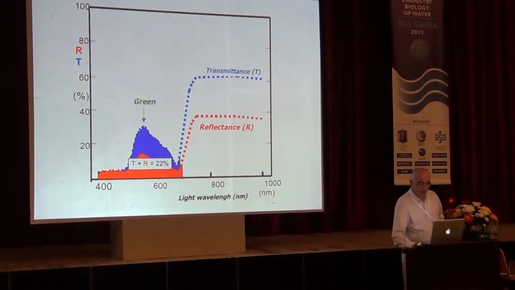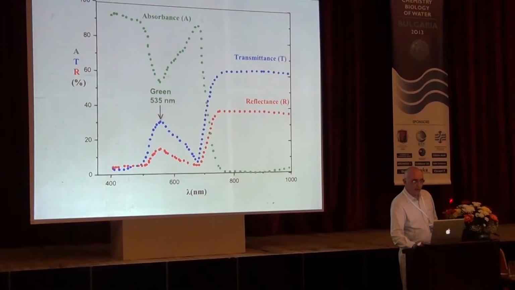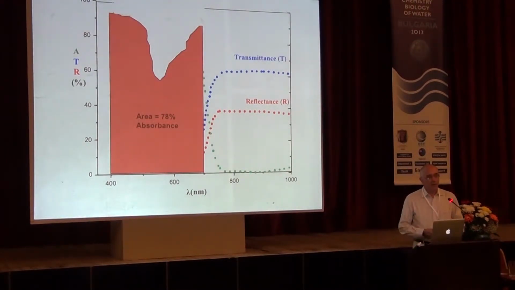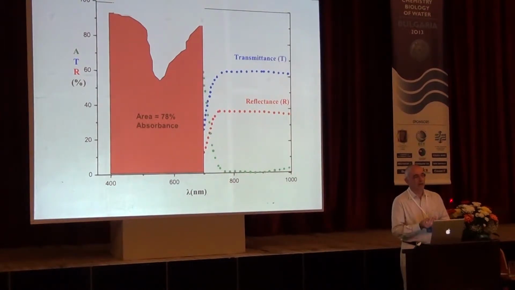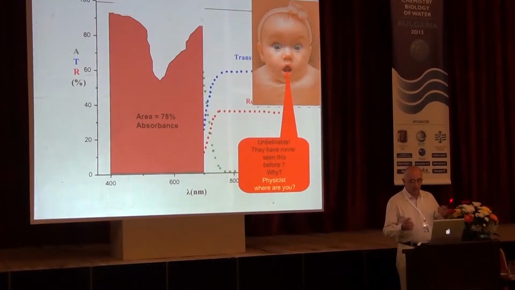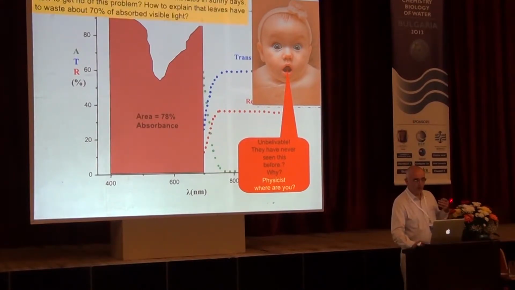It means that for absorption, we have about 78%. This quantity would boil the water inside the leaves on a sunny day. It means we need something much more important to take the energy coming from the sun and to take it away from the leaves.